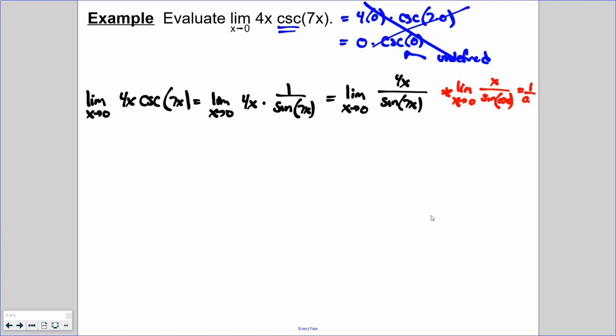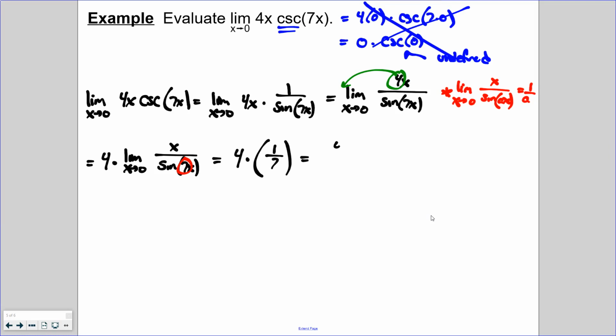Since that 4 will eventually become a coefficient, I can just pull it outside the limit to give ourselves 4 times the limit as x approaches 0 of x over sine of 7x. Since a is 7, we can apply our special limit. So this is going to give us 4 times 1 over 7, which gives an answer of 4 sevenths.